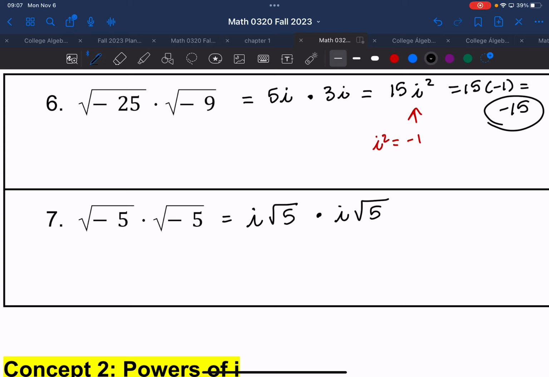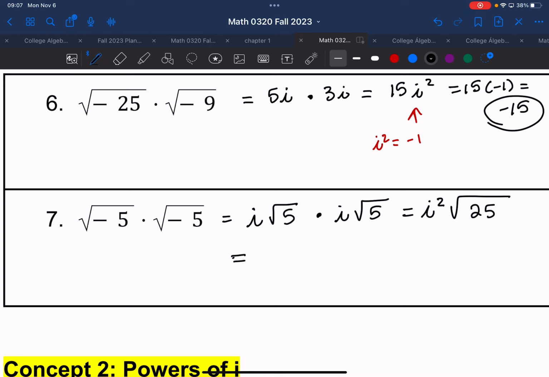So since I need to multiply these, we multiply the outsides and then we multiply the insides. So what's i times i? i squared. And what's 5 times 5? 25.